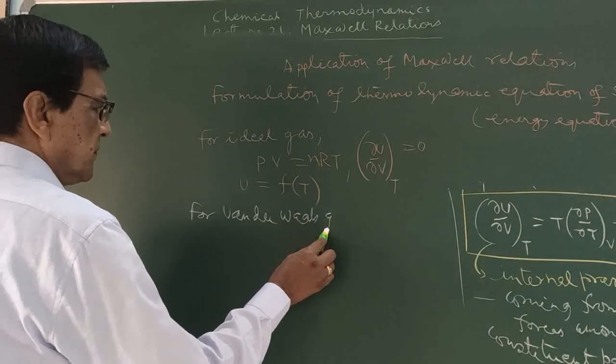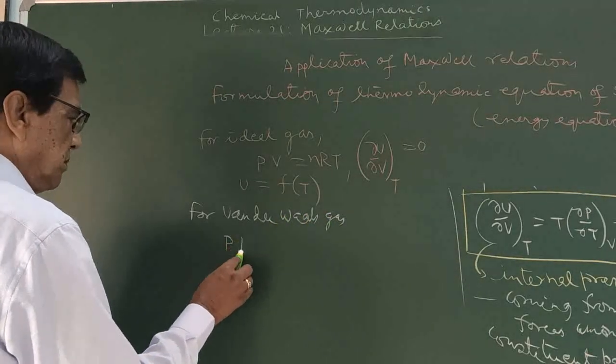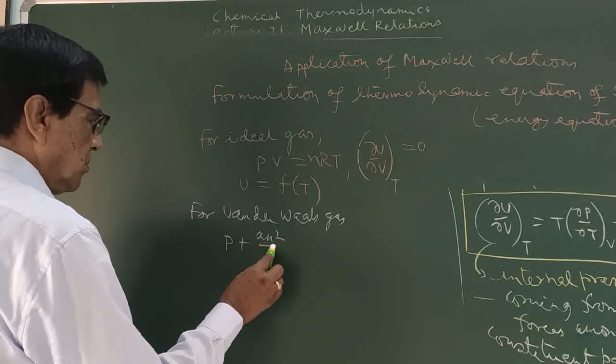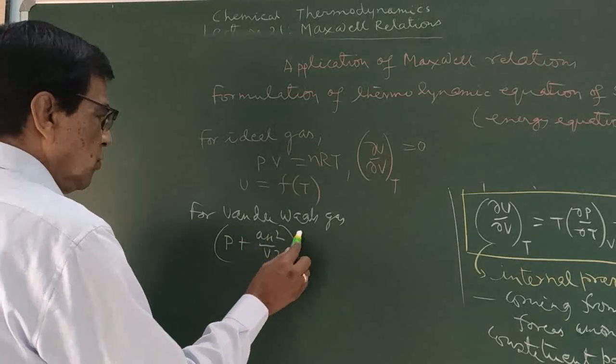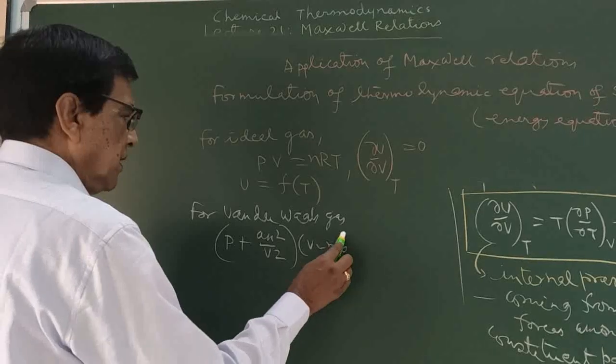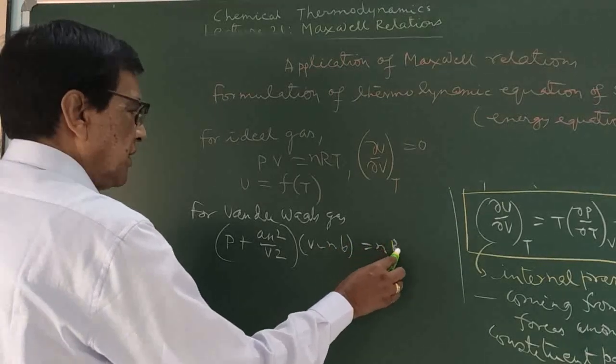Waals gas, the equation is (P + an²/V²)(V − nb) = nRT.